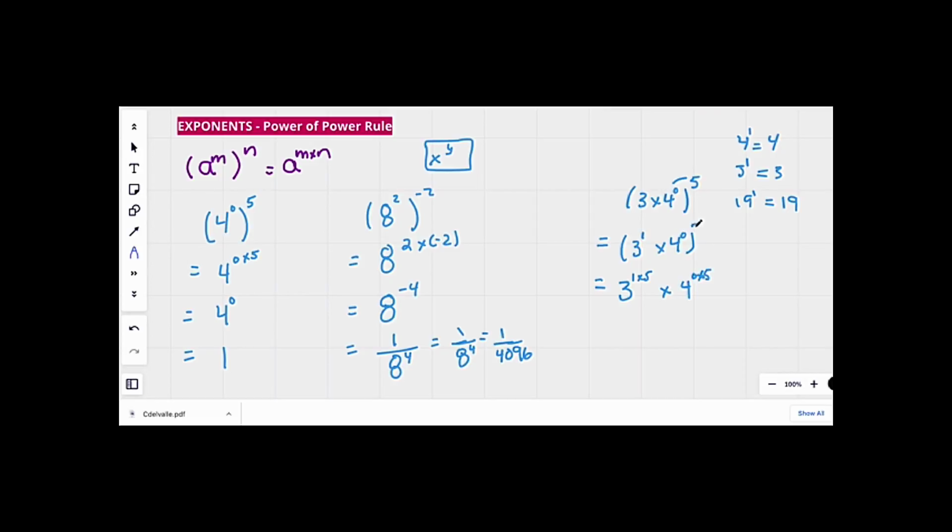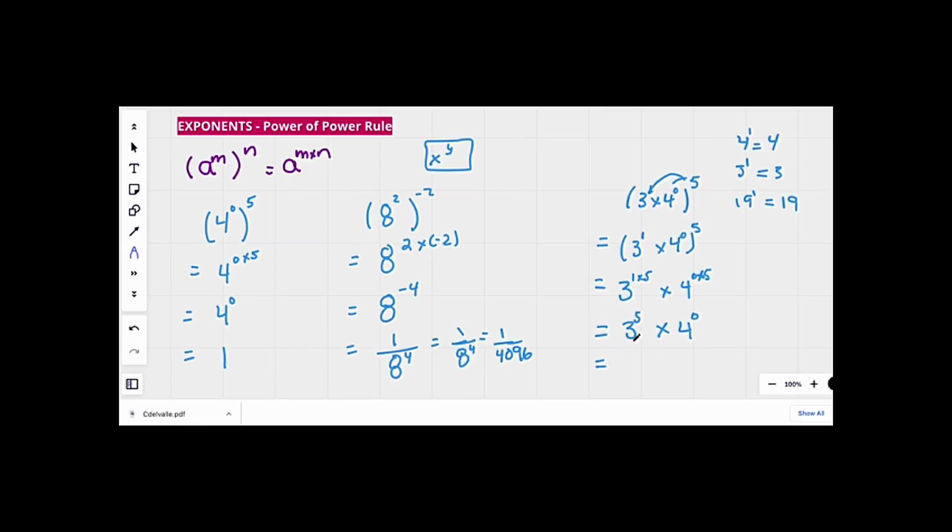Okay, sorry, we have an exponent right here. So this becomes 3 to the power of 5, which is what I was saying. You could just put it right on top from the very beginning. And this becomes 4 to the power of 0, because 0 times 5 is 0.